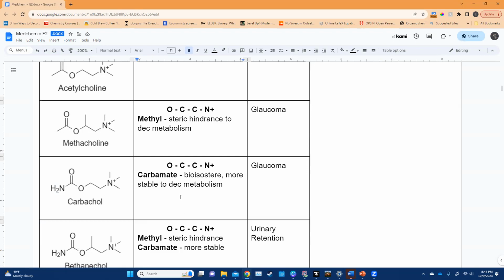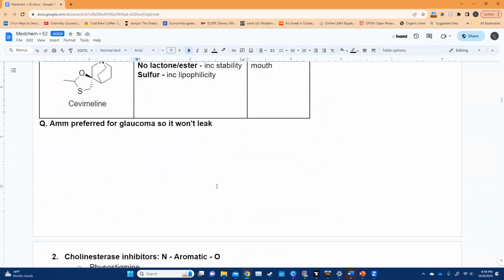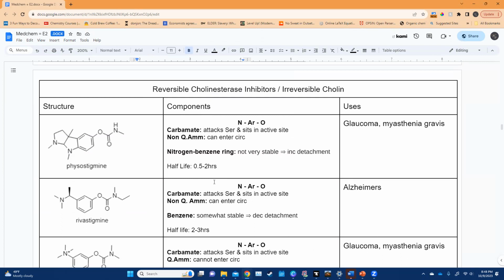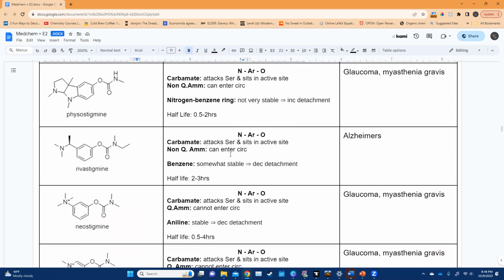The more stable, the longer the half-life. No, you don't need to know the half-life numbers. I think in my year, he specifically put them in that we did have to know, but I was looking through the packet and it doesn't look like that was a requirement for you guys.